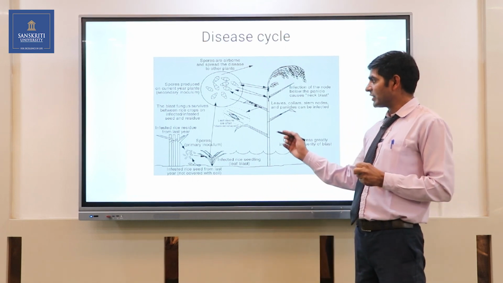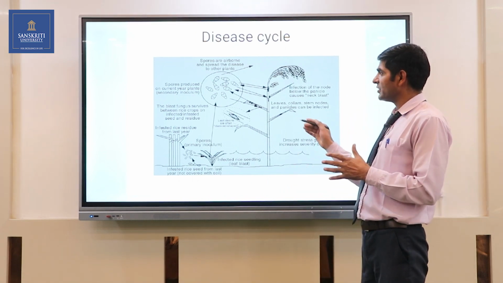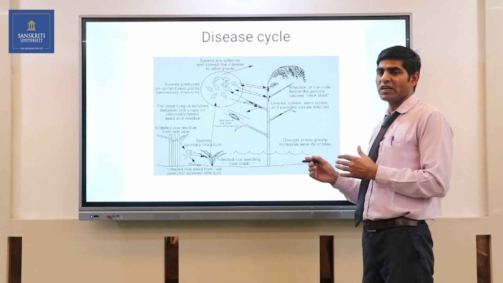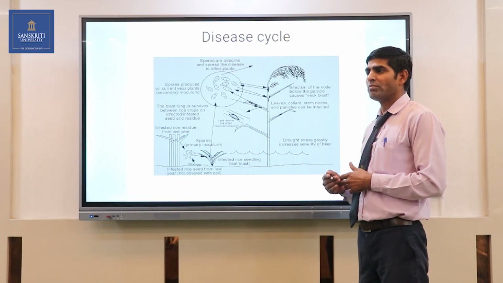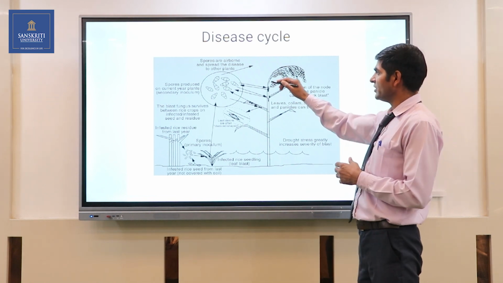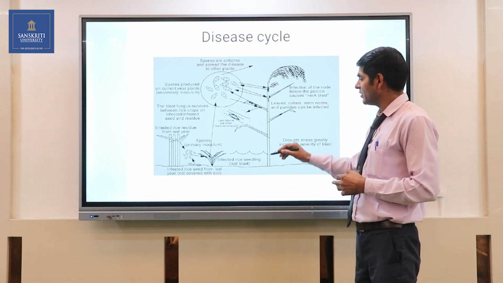So at these conditions the blast disease pathogen generally infects the rice plant. So this is the disease cycle of this pathogen.